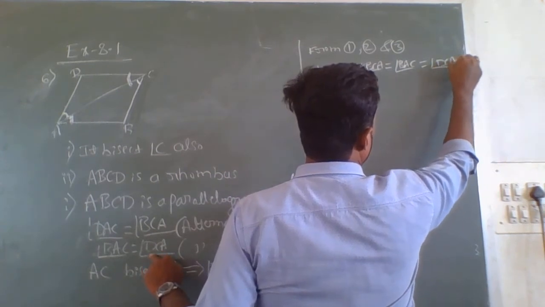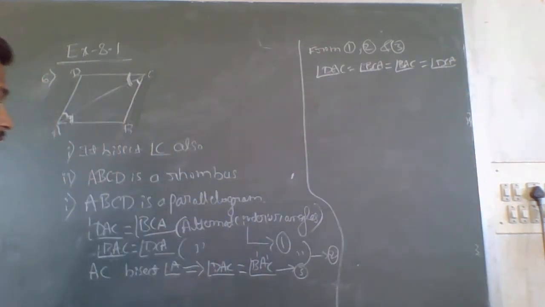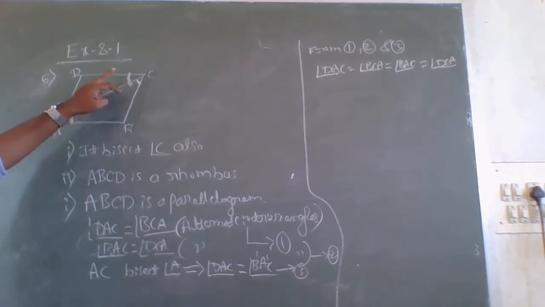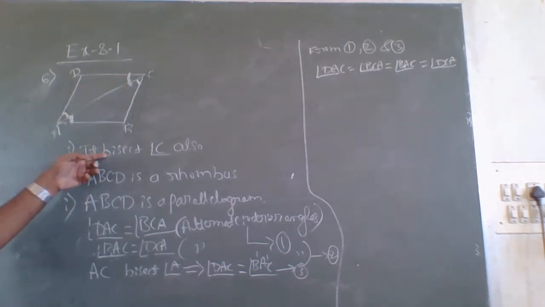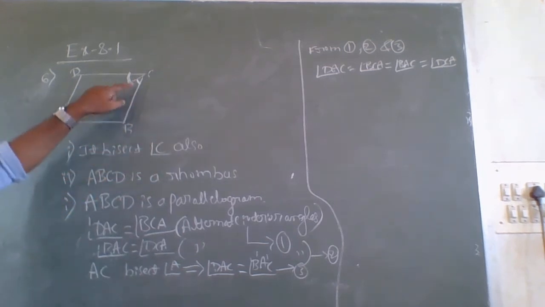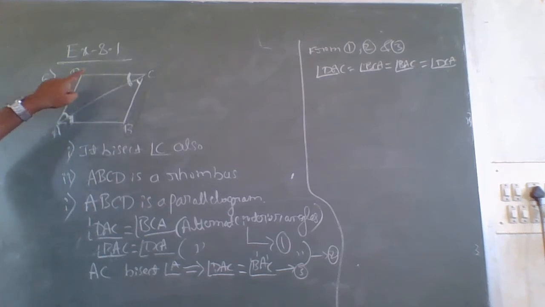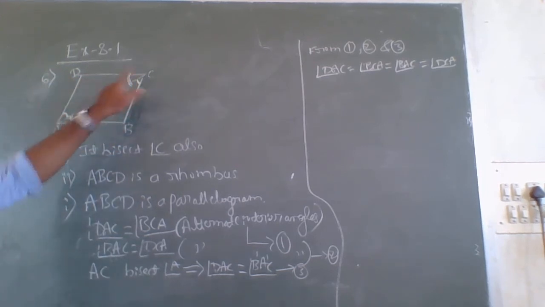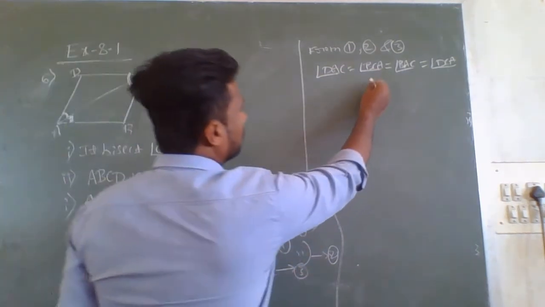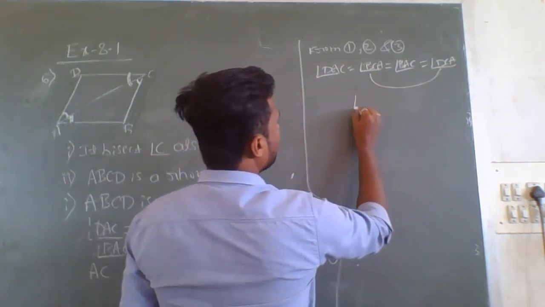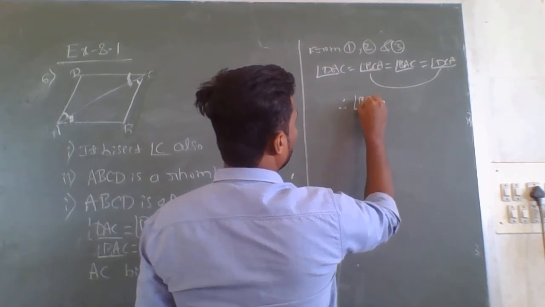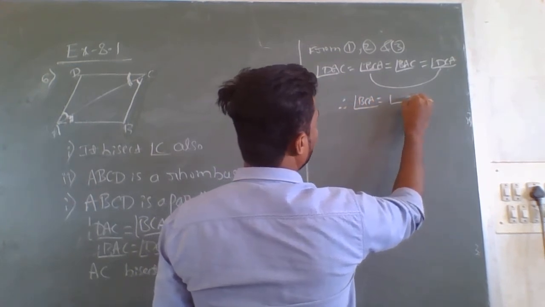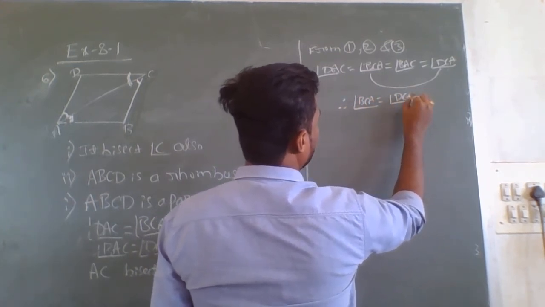Now we have to prove that AC bisects angle C, which means these two angles are equal. We have to prove angle DCA is equal to angle BCA, and by this we can write it directly: angle BCA is equal to angle BCA.